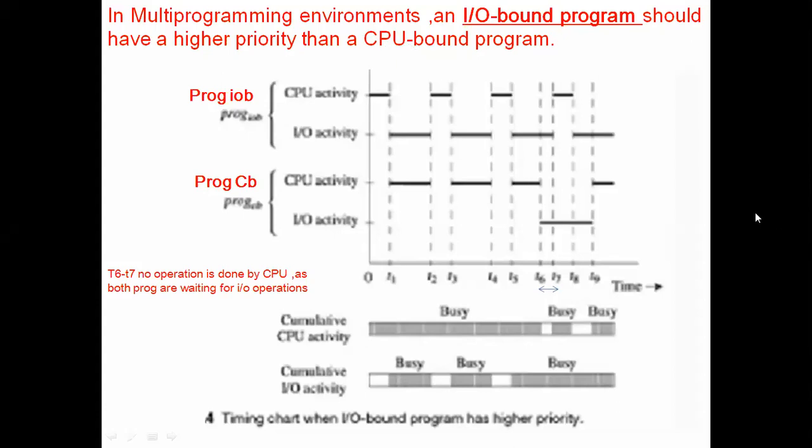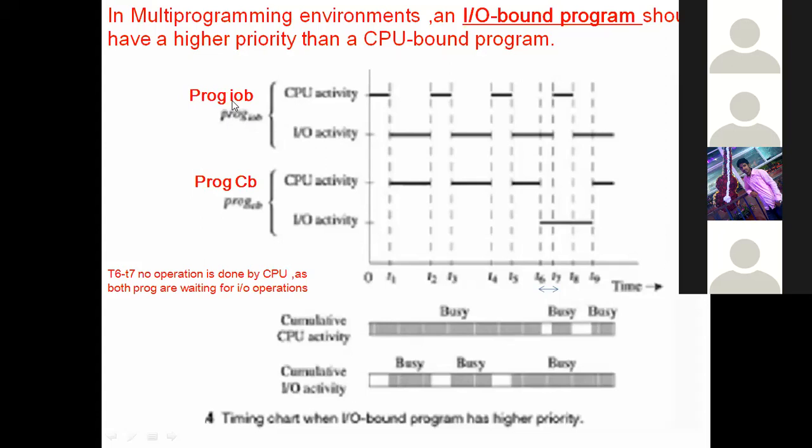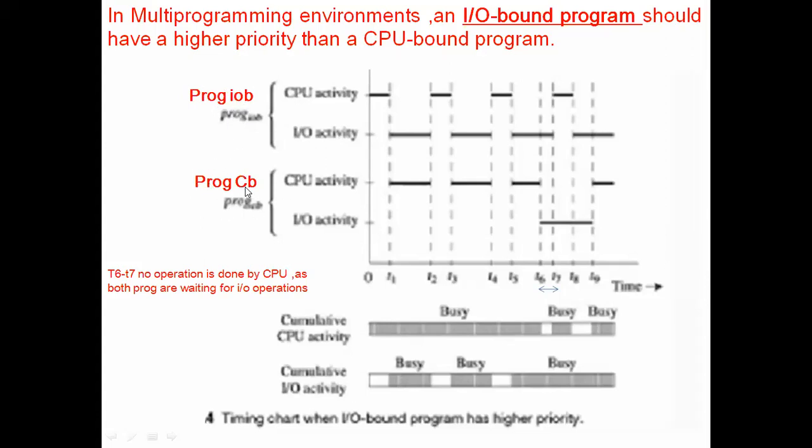So keeping the definitions of IO bound and CPU bound programs in mind, let us discuss this. The basic point here is that in a multi-programming environment, an IO bound program should have higher priority than a CPU bound program. Suppose I have two programs, where program IOB is an IO bound program, and program CB is the CPU bound program.